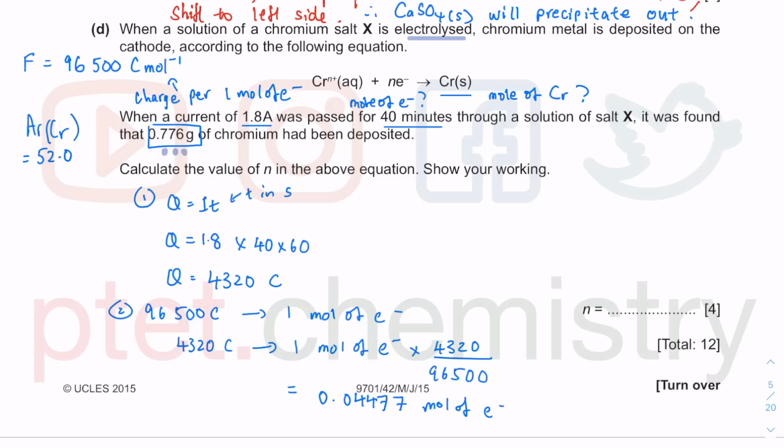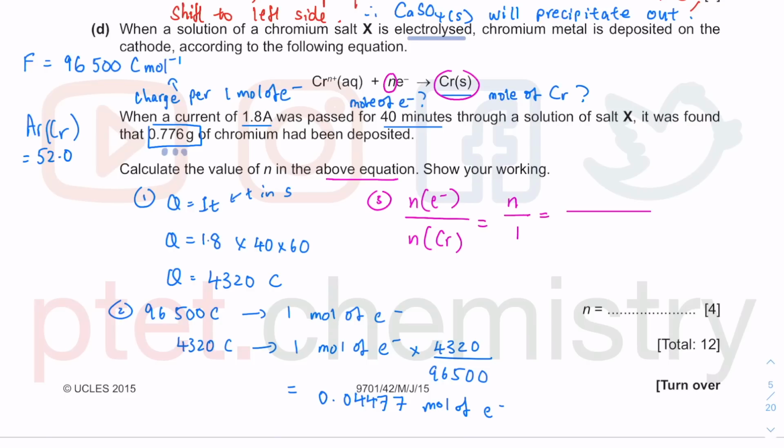Once I have the moles of electrons, I need to look back at my half equation. I have the moles of electrons to be n. I have the moles of chromium, which is mass 0.776 divided by the AR. So I can say the moles of electrons is to the moles of chromium, from the balanced equation, n over 1. N moles of electrons is to 1 mole of chromium from the balanced equation.